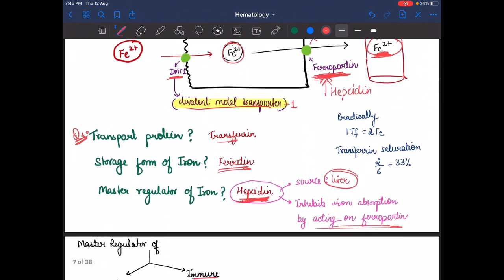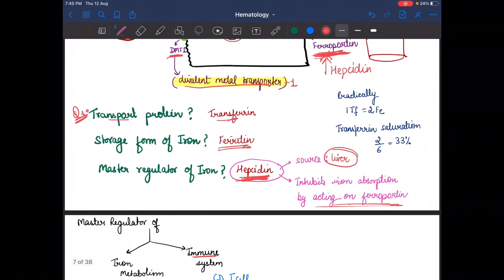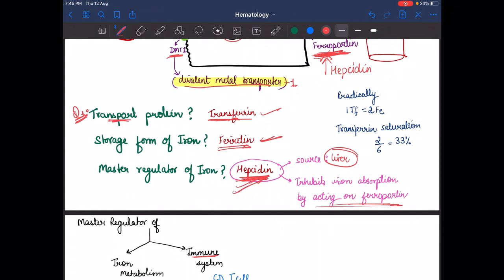Now here are some questions about iron. The transport protein of iron is transferrin, I already told you this. The storage form of iron is ferritin. And the master regulator of iron is hepcidin. It is not hepcidin that converts Fe2+ to Fe3+.